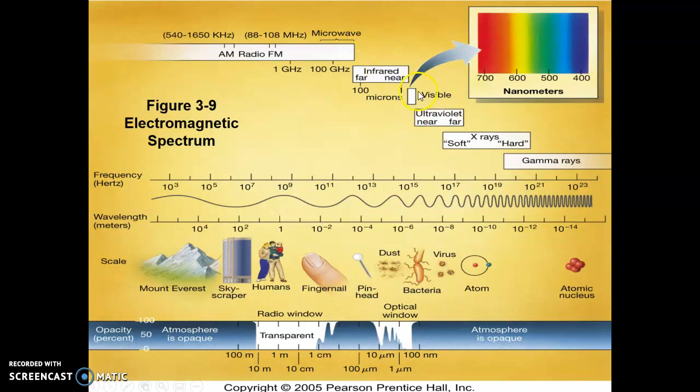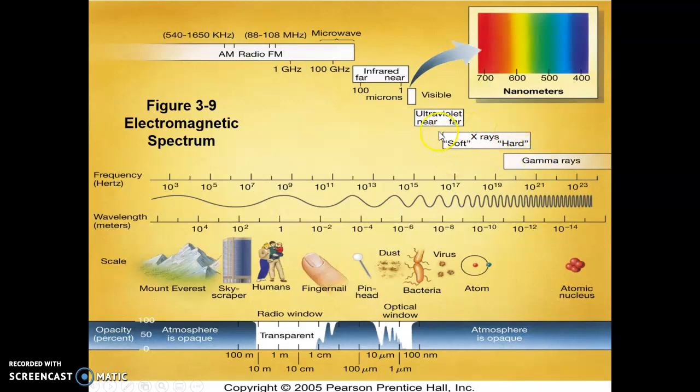Then, shorter than that, you have things that start to ionize, that can be harmful to living organisms. Ultraviolet light is small enough to penetrate your skin cells, can cause damage there, cause sunburns, and can cause skin cancer eventually. Then you have X-rays. These are short enough that they can go through your body.